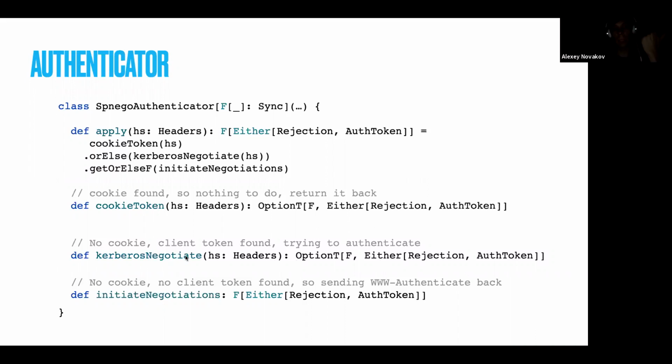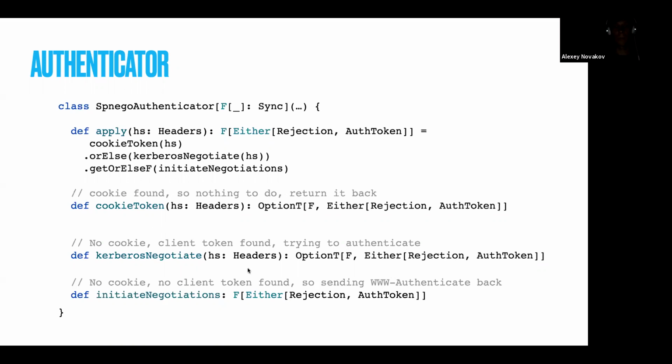Basically, if there is no cookie but a client token is found, this could be that second request that the user sends to us automatically. So we try to authenticate the user against Kerberos. And the type signature is very similar. So we either successfully authenticate, or we return back the auth token with the successful result of this authentication.